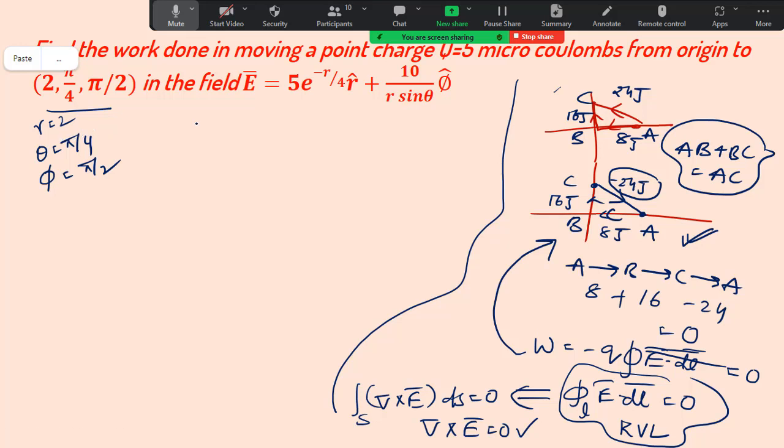So different paths we have to take in such a way that only one variable is changing. Accordingly, we have to choose here. Assume this is a sphere, this is the center of that one.